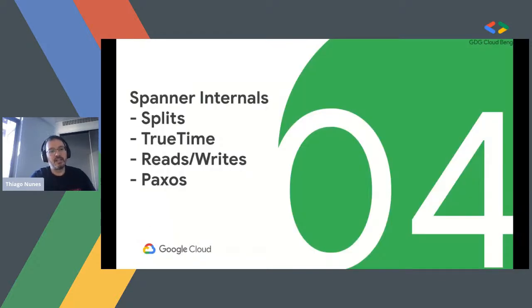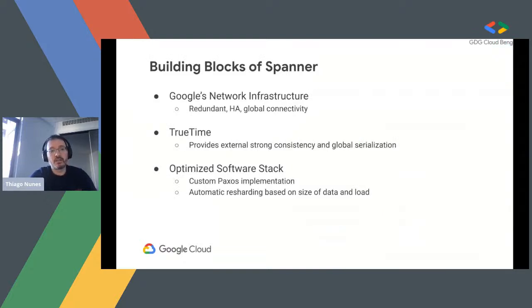Okay, now let's get a little bit more technical here. We're going to talk about splits, TrueTime, reads and writes, and Paxos within the reads and writes. So one thing that I'd like to mention again is that Spanner is one of the most advanced distributed systems out there, right?